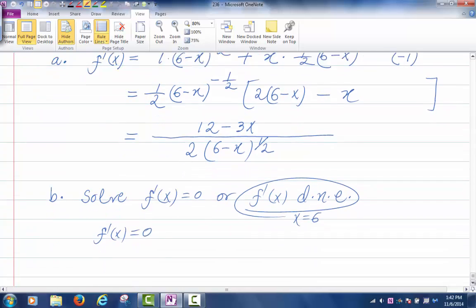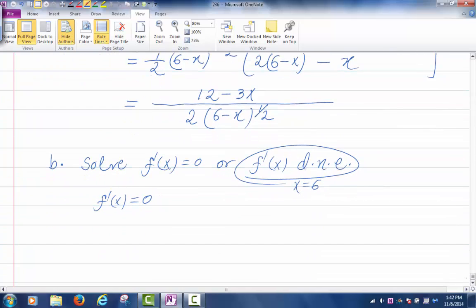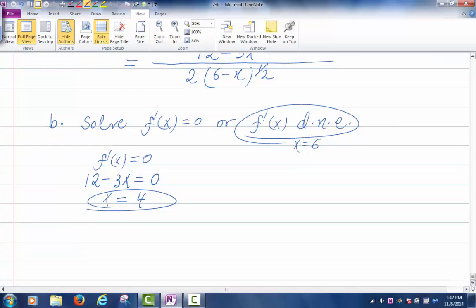What should be 0 then? The numerator should be 0, and the numerator is what? 12 minus 3x. And is it pretty clear that then x is 4? So we obtained exactly one critical point, which is an interior point of the domain. Okay? Is everybody okay with that?